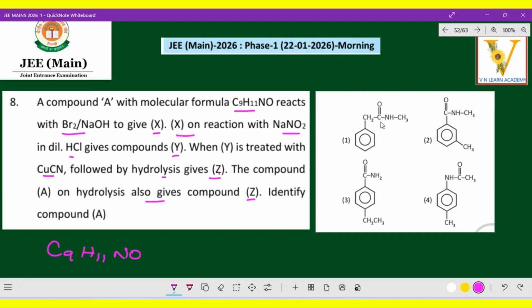Let us check the other one. NO is there, so 5, 6, 7, 8, 9, 10, 11. Whereas here carbon 6 is there, 7, 8, 9, hydrogen this is 4, 5, 5 plus 6, 11. Hydrogen 11 is there. And this one, carbon 6, 7, 8, 9.